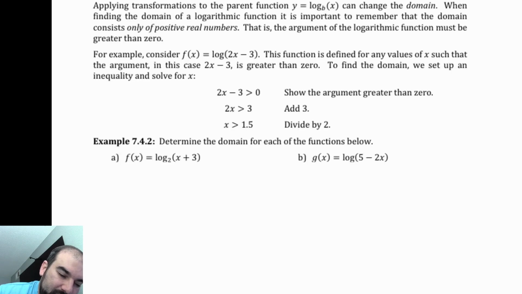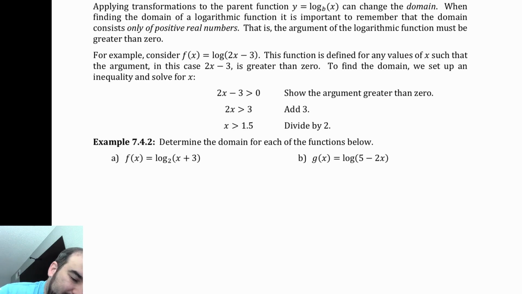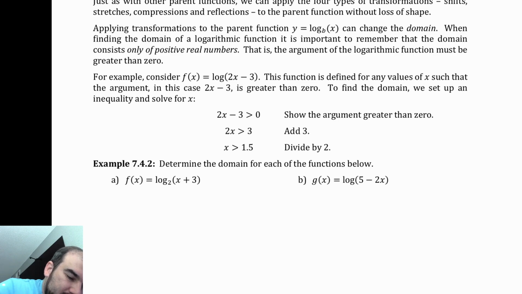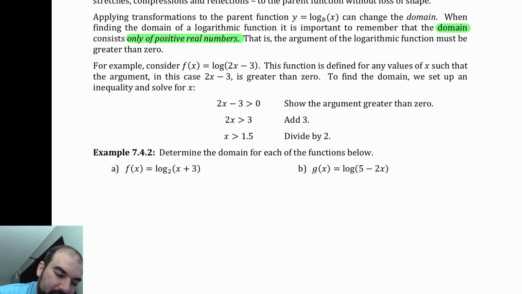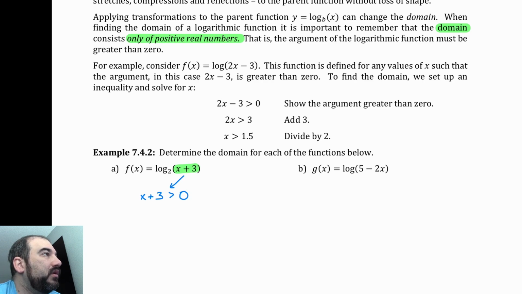The main thing here is that the domain of logarithmic functions is only positive real numbers, which means we take whatever is inside of our logarithmic function and say that it must be a positive real number, so greater than 0. That is the setup for finding the domain.